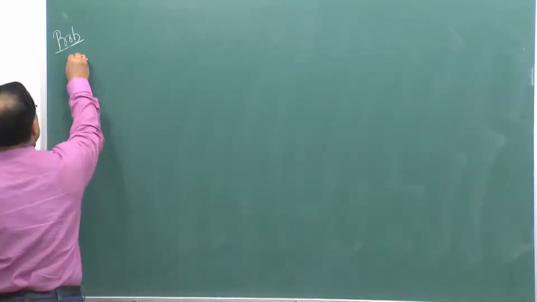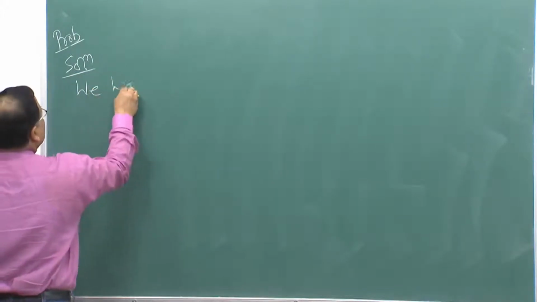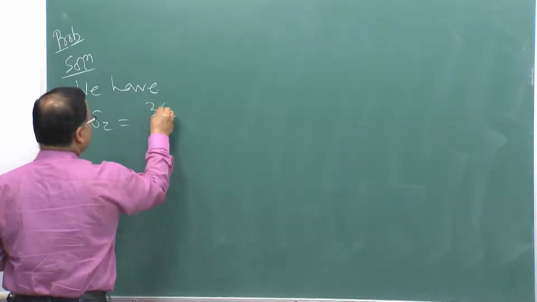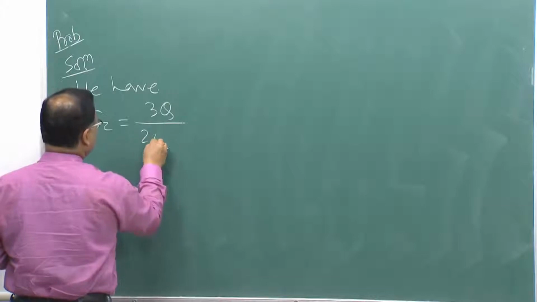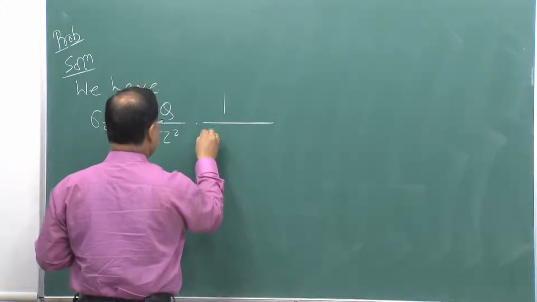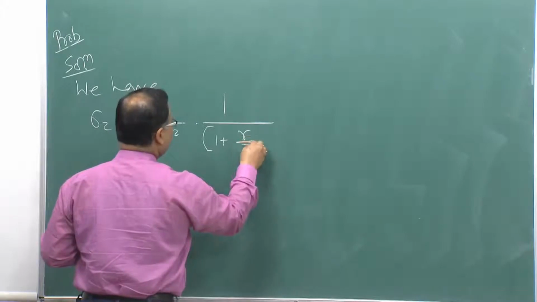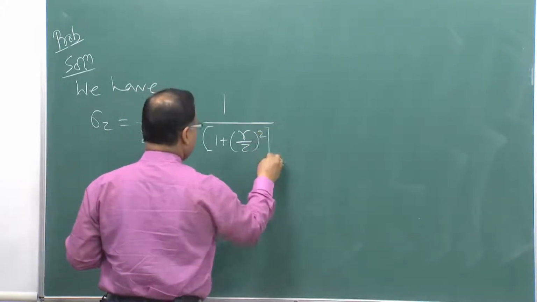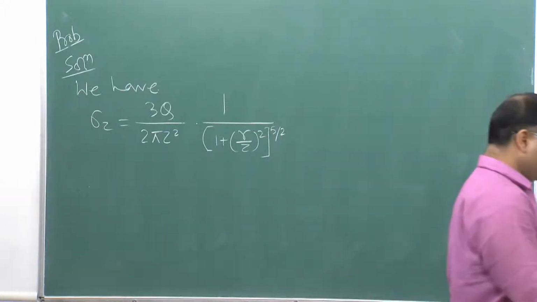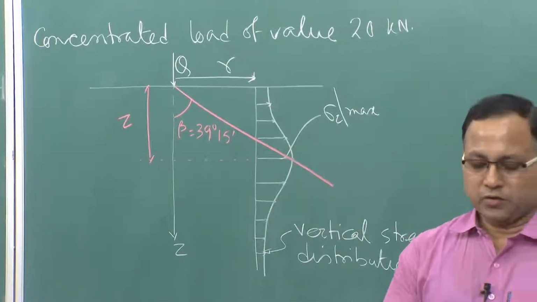So, we know, so solution, we have sigma z is equal to 3q by 2 pi z square into 1 by (1 plus (r by z) square) to the power 5 by 2. This is known to you, right? Already we have seen this thing in the lecture class, isn't it? So, this is already known to you.